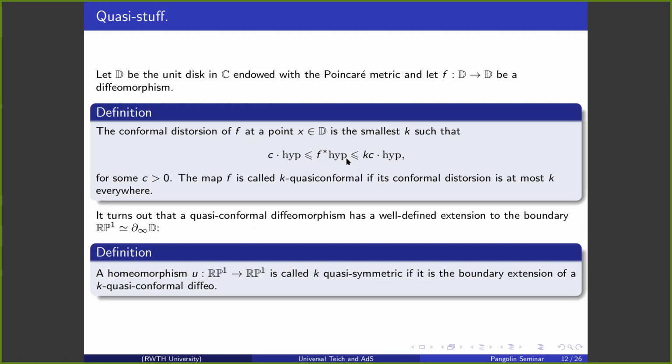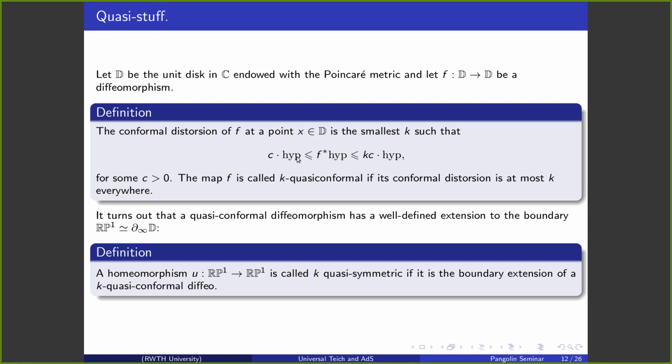And if you take the pullback of the hyperbolic metric, it's again a Riemannian metric. So say at the point x in the tangent space of x, the unit circle of this new metric f star of the hyperbolic metric is an ellipse, right? And this ellipse, you want to squeeze it the best way that you can between two unit circles of rescaled hyperbolic metric.